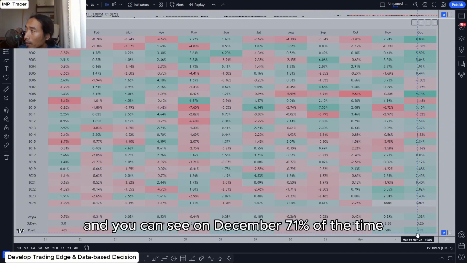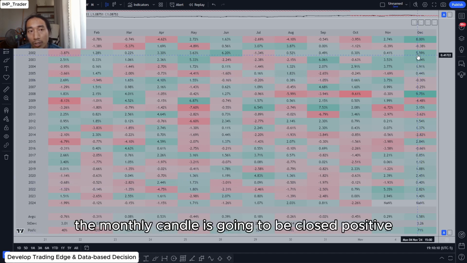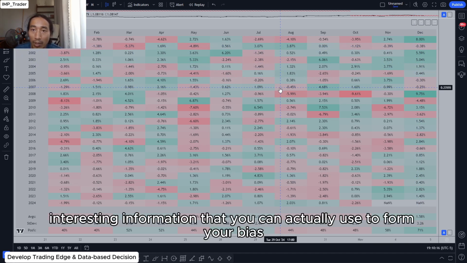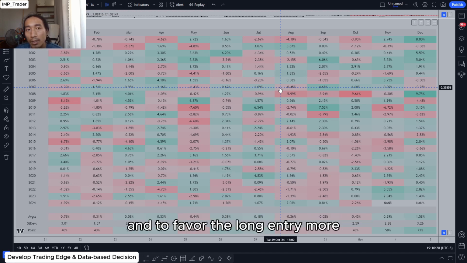And you can see that in December, 71% of the time the monthly candle is going to close positive. So that is interesting information you can actually use to form your bias and to favor the long entry more.